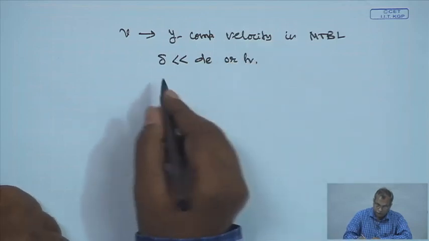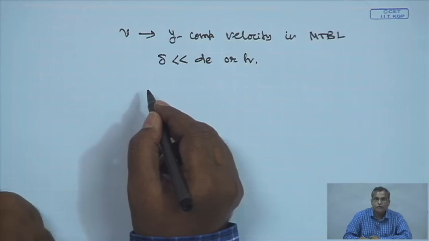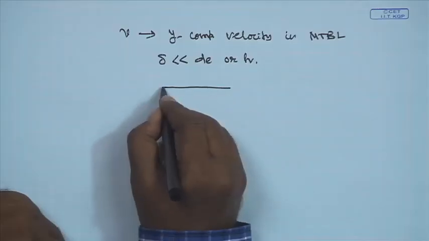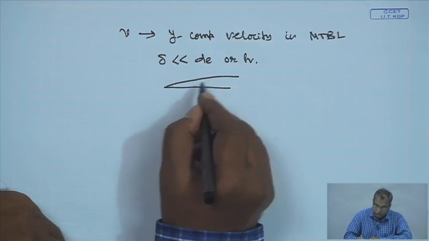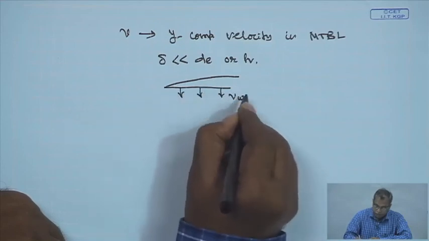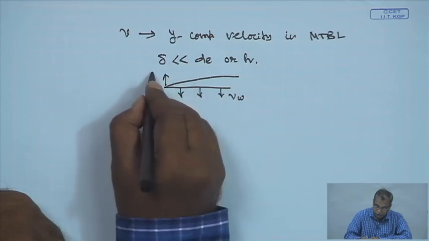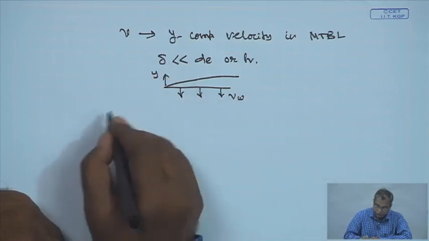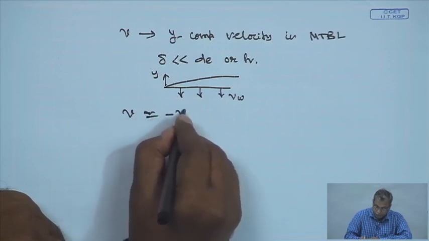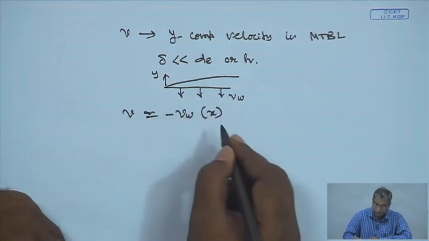So the thickness of the mass transfer boundary layer is less than 1% of the channel dimension, and it is really very small. In order to have continuity, V is essentially in the negative y direction, so we can safely assume V is equal to minus V w, which is a function of x.